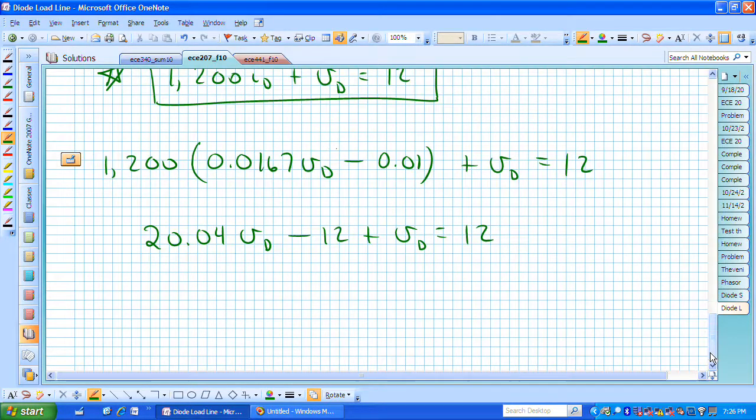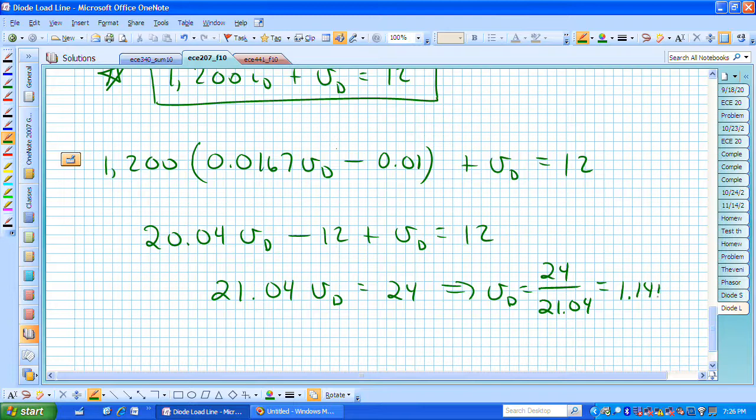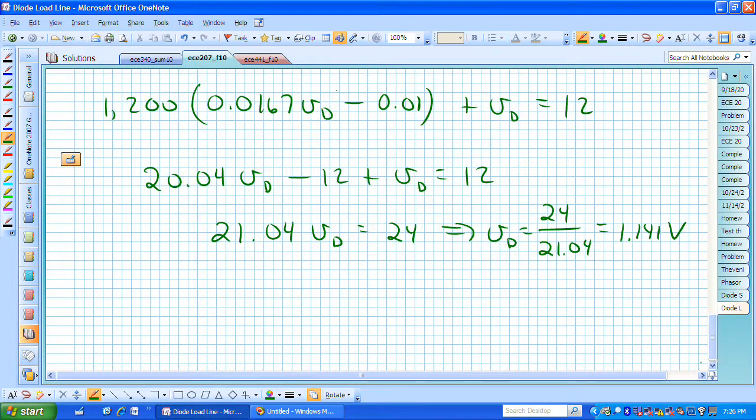If we add 12 to both sides, we have 21.04 V sub d is equal to 24, or V sub d is now 24 divided by 21.04, which is 1.141 volts. And that's our value of the voltage. That's our operating point in a more exact sense.